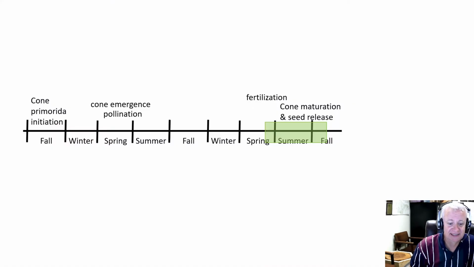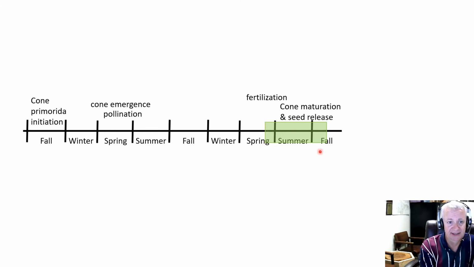So that's basically at this stage in the life cycle of the gymnosperm reproductive cycle. Recall, cones are initiated almost 2 years prior to when the cones mature.